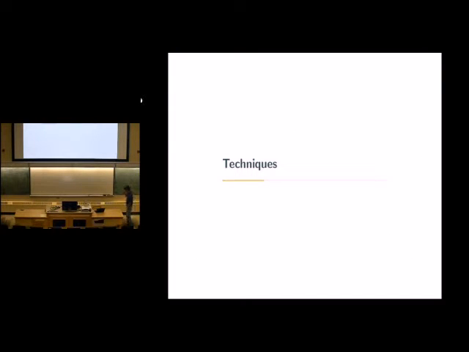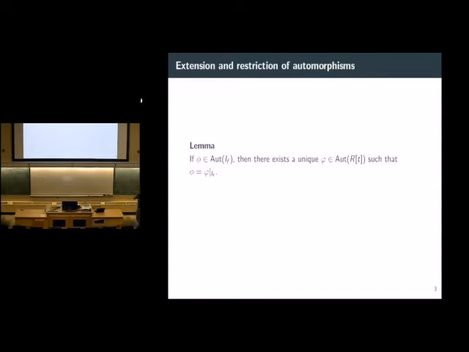Okay, so let me start with the main techniques, the main lemmas that we used. I'll try to give some ideas of the proofs. They're quite simple. The first thing is, if you have an automorphism of the ideal, then there is a unique extension to an automorphism of the whole polynomial ring. This is basically commutative algebra: you extend this automorphism to the field of fractions, and then you restrict.